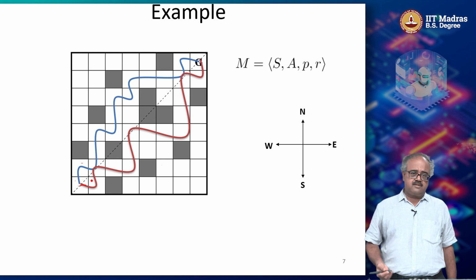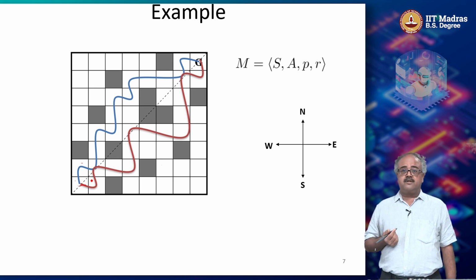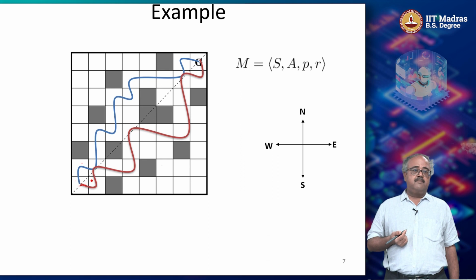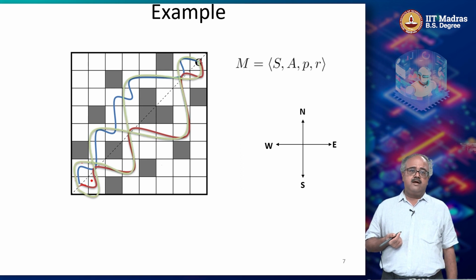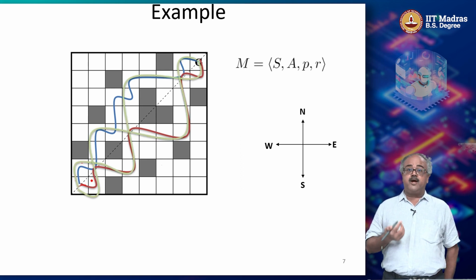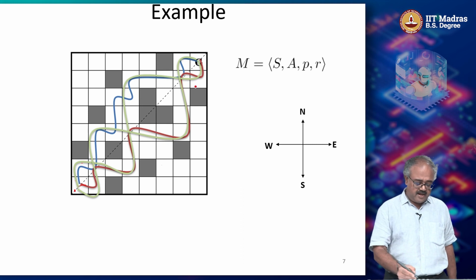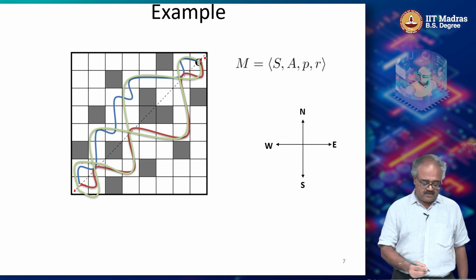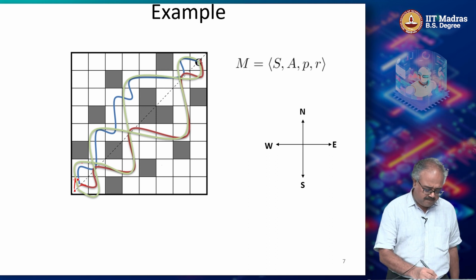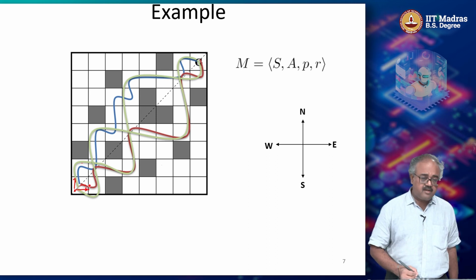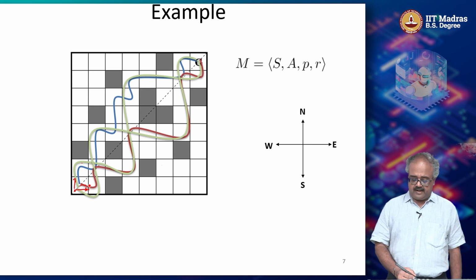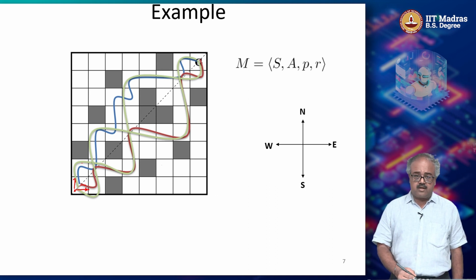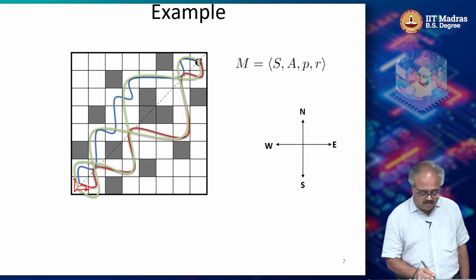This red one also shows an optimal execution, and this green one is also optimal. There are many optimal ways to reach the goal from this state, and each one of them gives you a different optimal policy. You could either go up here or go right, east here. You can either go north or east, and you have an optimal policy.